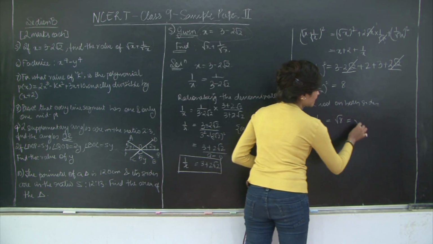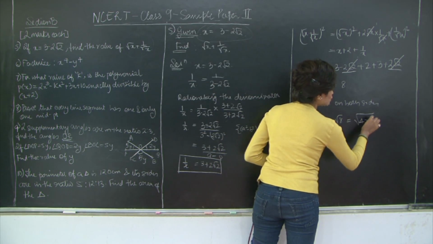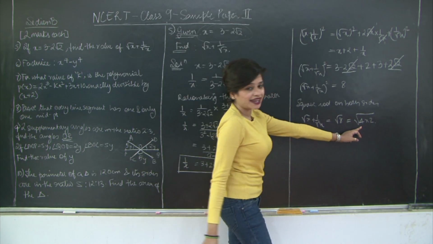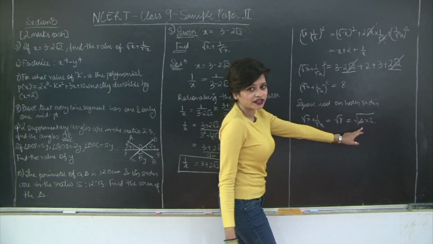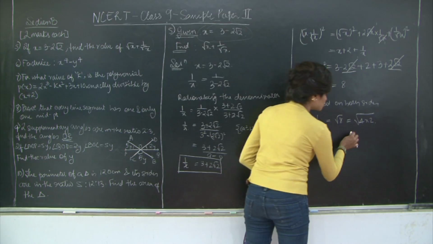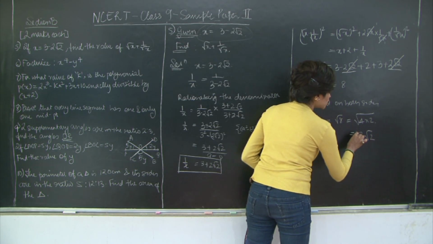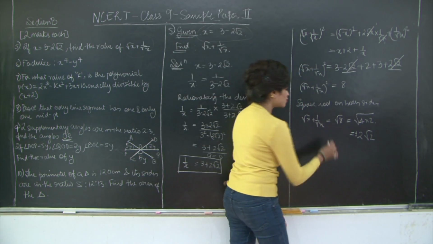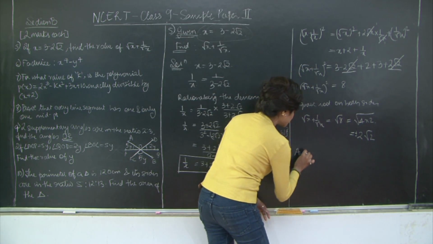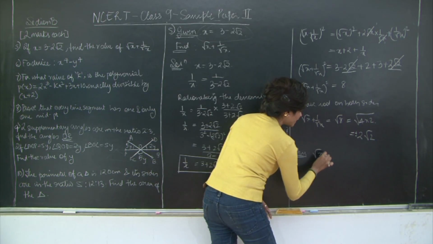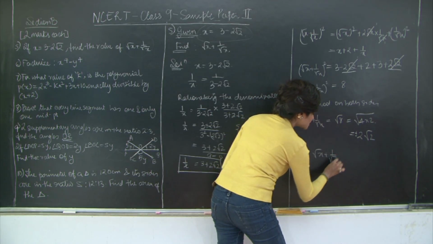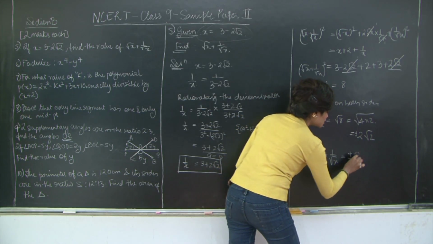So root of 8 is nothing but root of 4 into 2. 4 is a perfect square, so the square root is going to be 2, and root 2 remains inside. But since we are taking square root, it would be plus or minus 2 root 2. So finally your answer is root of x plus 1 upon root of x is equal to plus or minus 2 root 2.